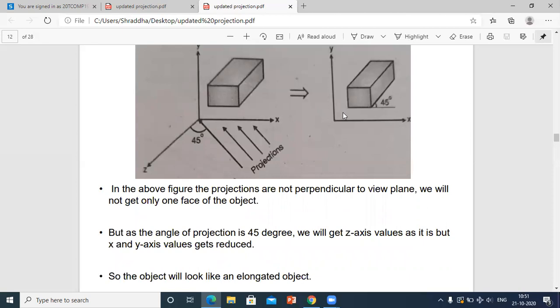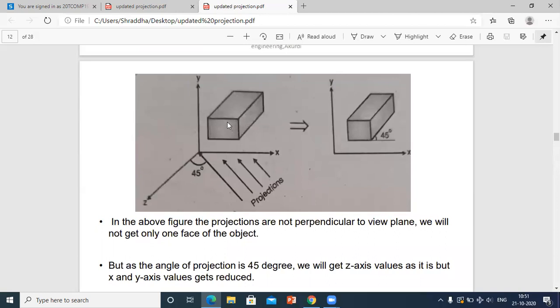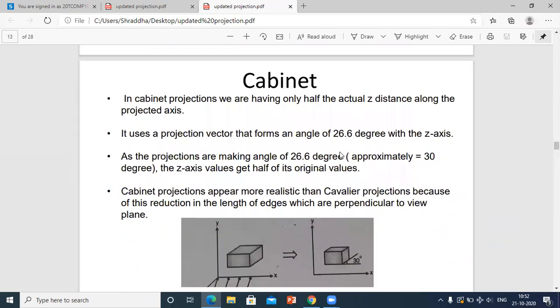Okay. So the object will look like an elongated object. See, the original object is in a normal form. But when you project an object using Cavalier projection, the object is a bit elongated. You can see this object is a bit elongated. Okay. Then we'll come to cabinet projection.